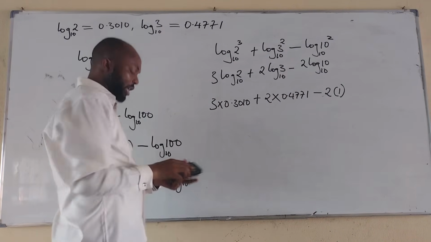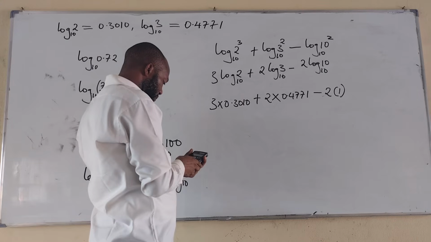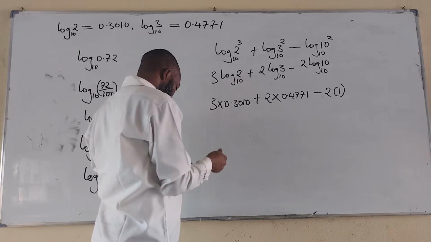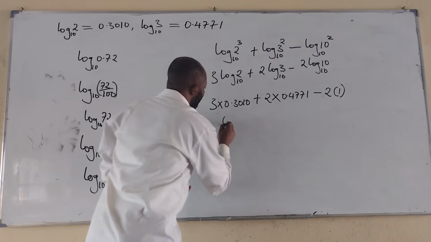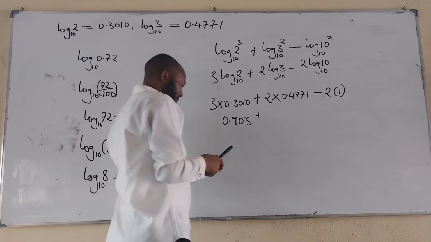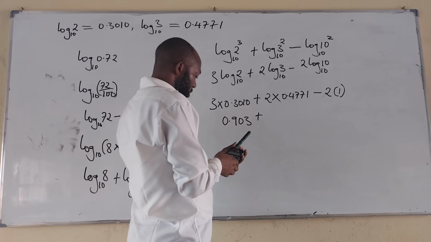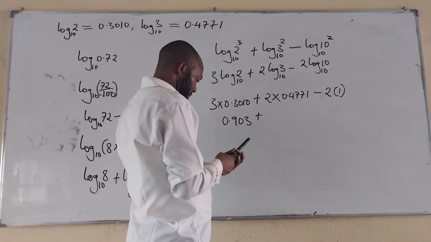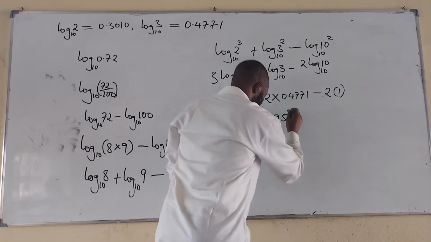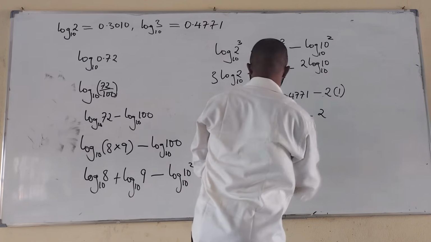So let's see what we can do now. 3 times 0.3010 is 0.903, plus 2 times 0.4771, which is 0.9542, minus 2.